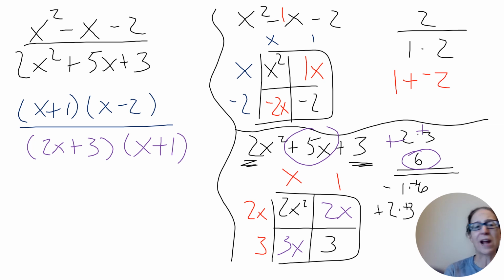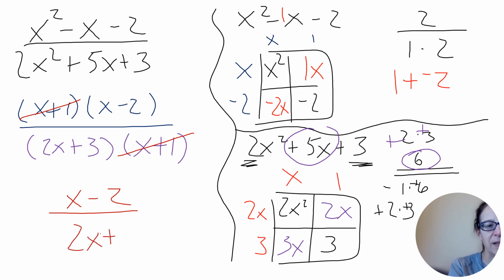Multiplication is commutative, so it actually doesn't matter what order they're in. These are your factors, and common factors can be canceled out, and that leaves me with x minus 2 over 2x plus 3. So that is my first simplification problem.